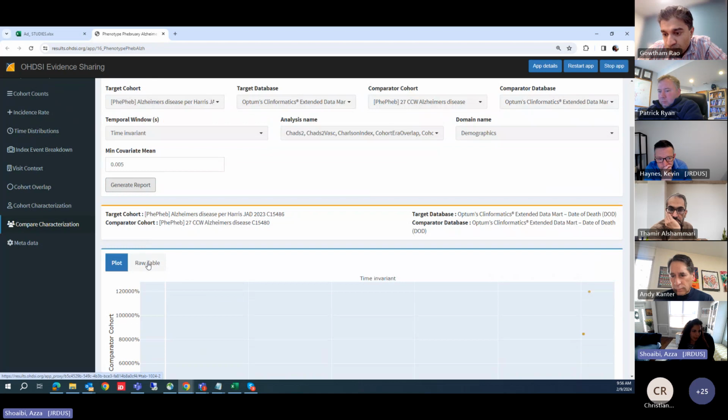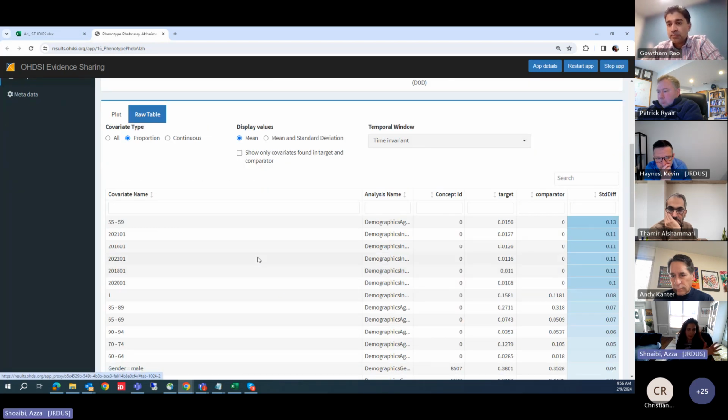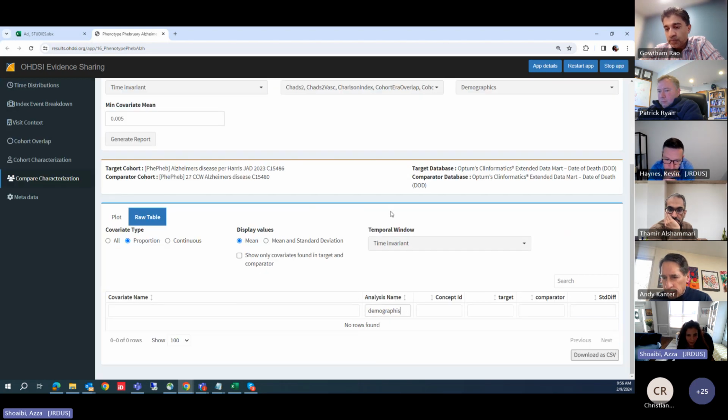I'm going to look at the table. You can look at the plot or you can look at the table. So I'm going to filter here just to age, because it's going to also give me the years.